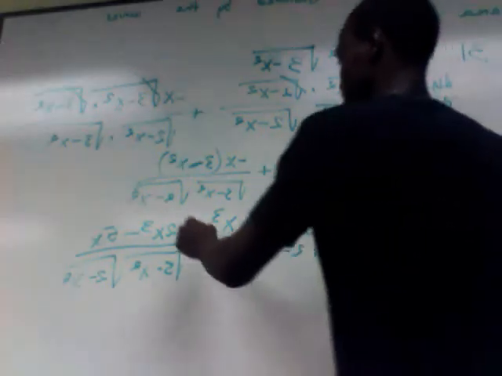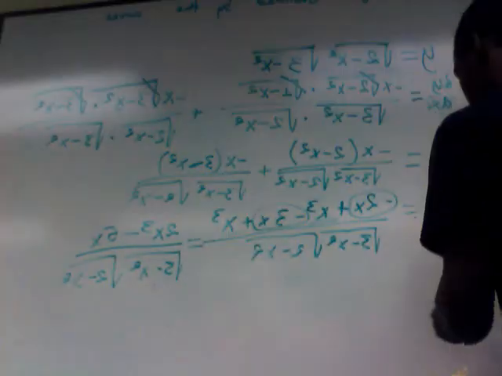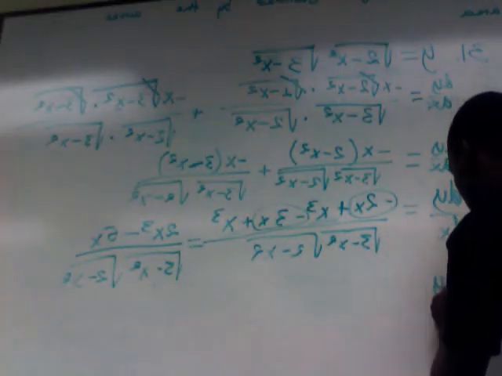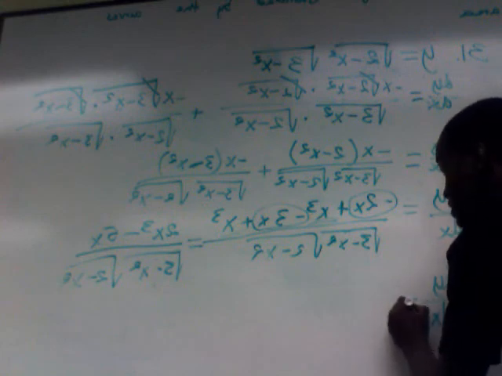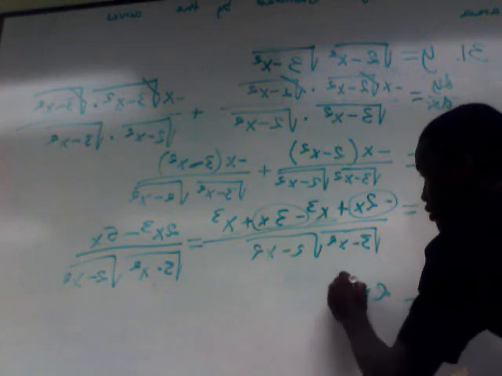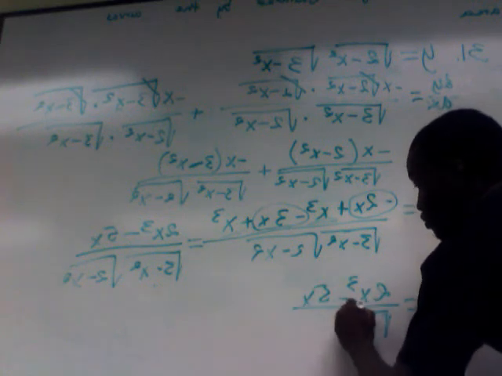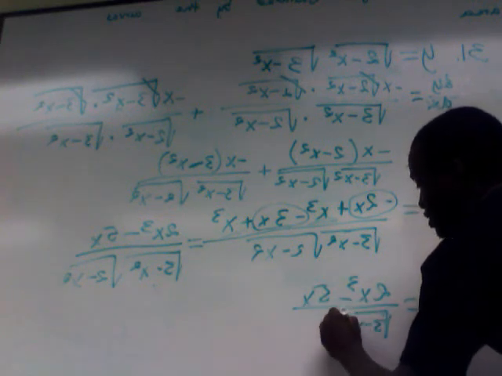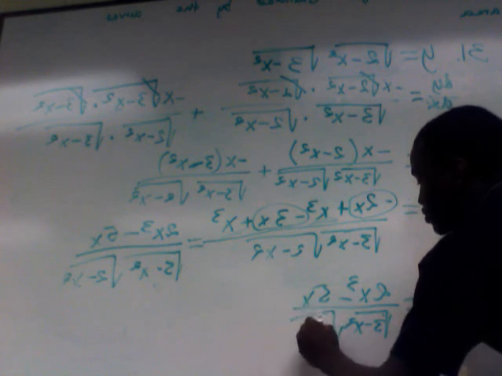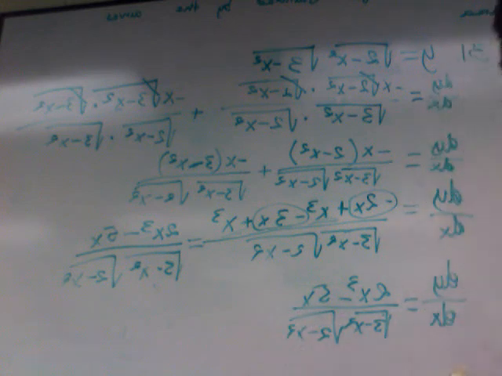And that will be your final answer. So dy dx is equal to 2x cubed minus 5x over square root of 3 minus x squared square root of 2 minus x squared. All right.